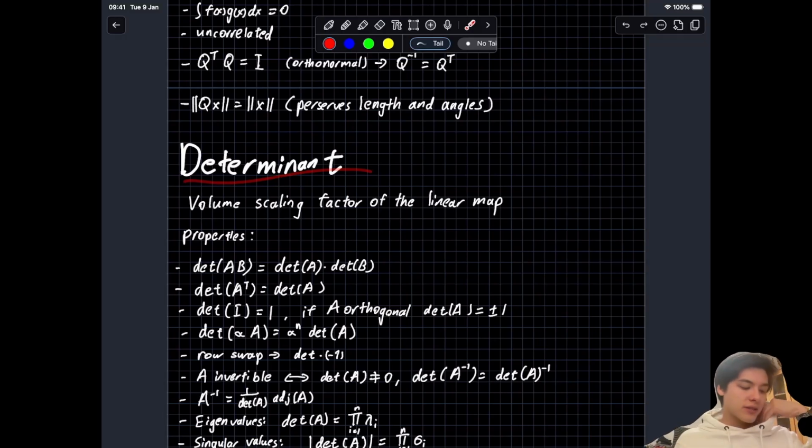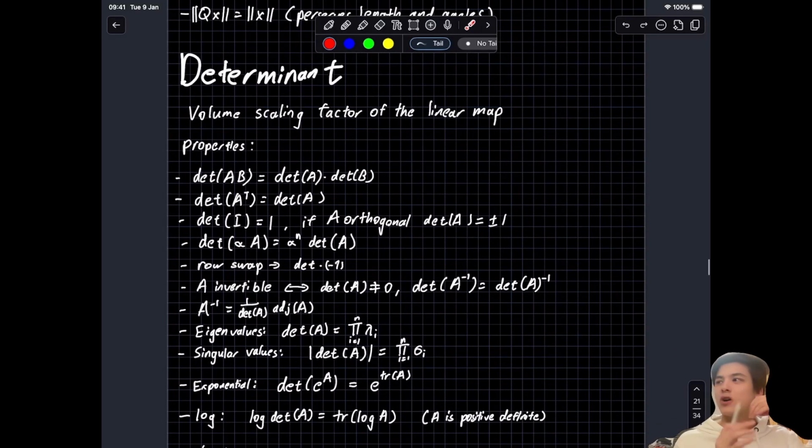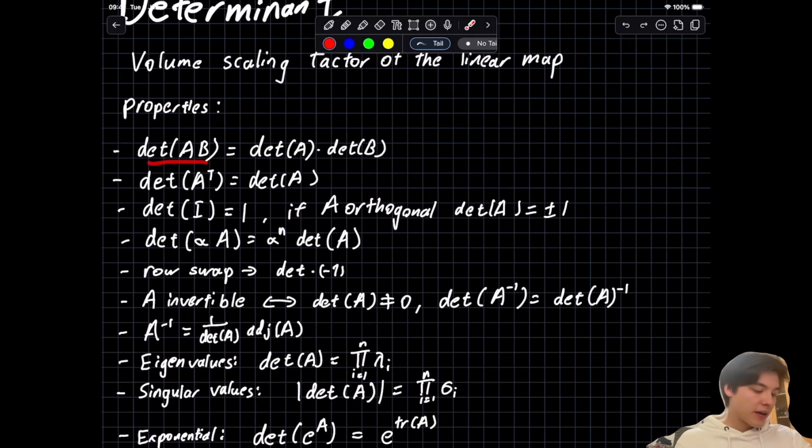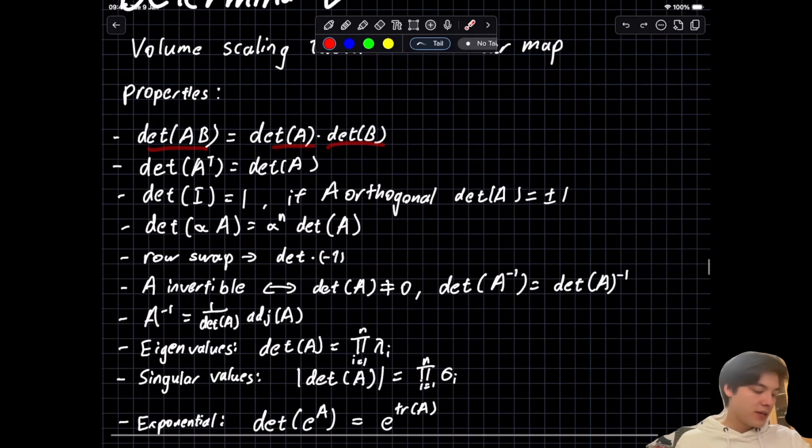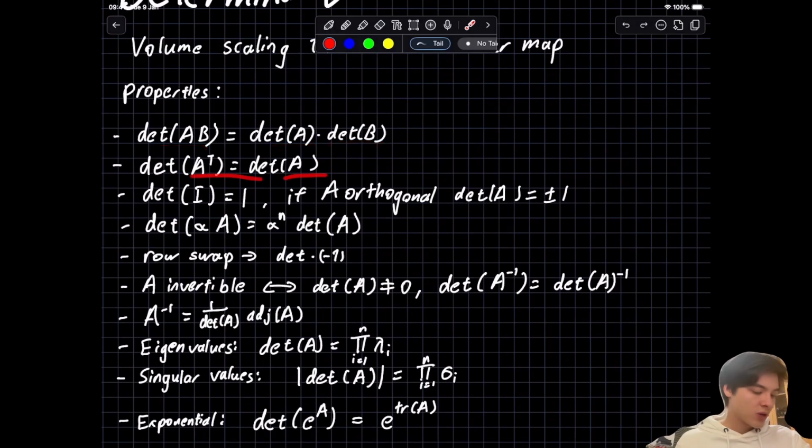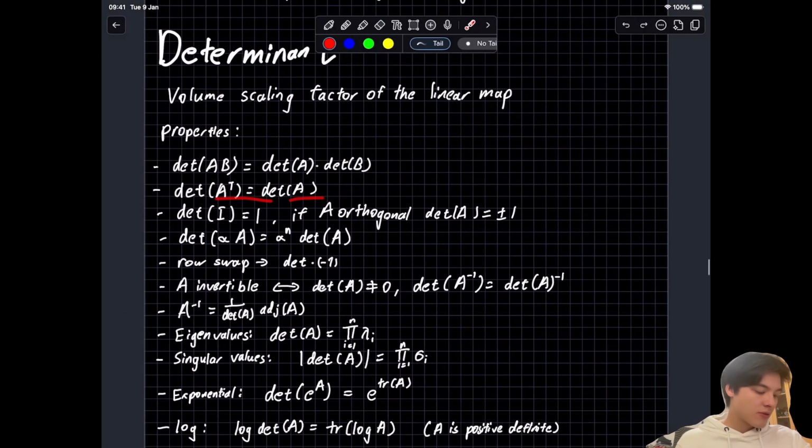Determinant of a matrix. The determinant is the volume scaling factor of the linear map, so how much it scales after the transformation. Determinant of AB is determinant of A times determinant of B. For the transpose, it's the same. For the identity, it's 1 because it doesn't change anything. If A is orthogonal, orthonormal, then the determinant is plus or minus 1.